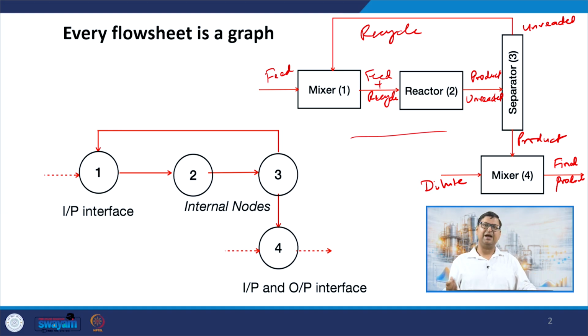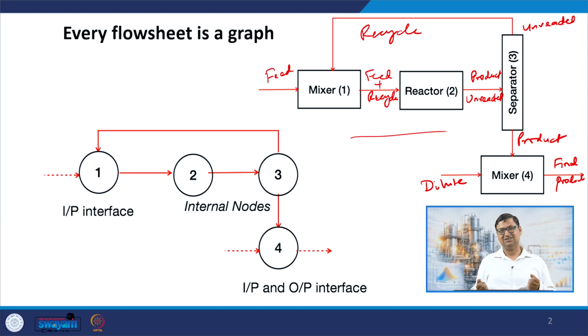But let's step back a little bit and just look at this flow sheet. There is also one more piece of information that is very, very useful, and that is how they are connected together. And in fact, whatever system of equations that we get in the final model is of course going to depend on what the units are, but it is also going to depend on how they are connected together.